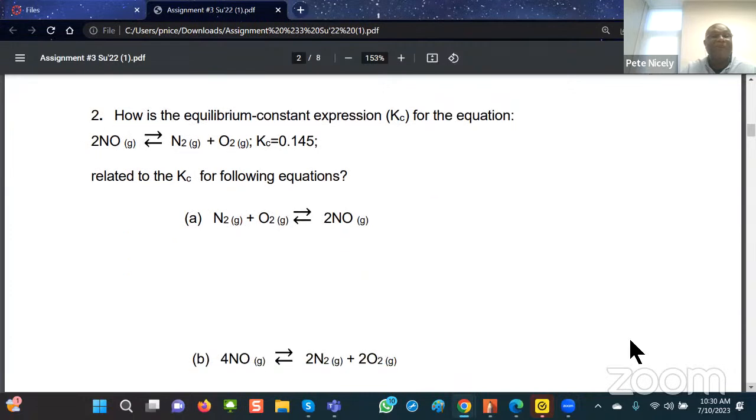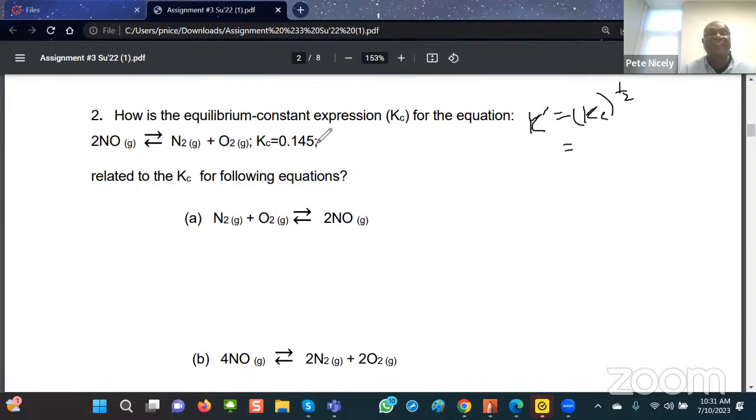So again, we're starting from this equation here, and the question is now asking for the related Kc value. In this case, they gave you the 0.145. Going back to the previous example, I won't rewrite all that I had before. Remember, we said that Kc prime is equal to Kc raised to the half.